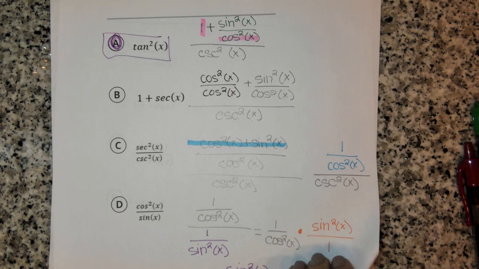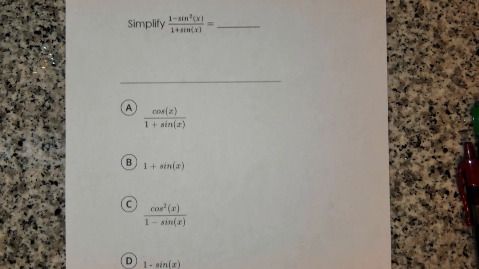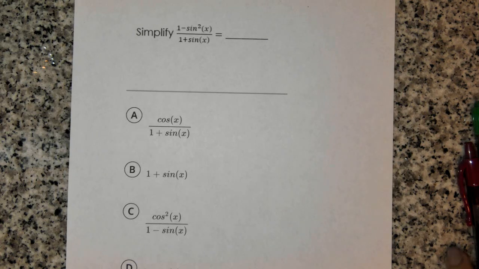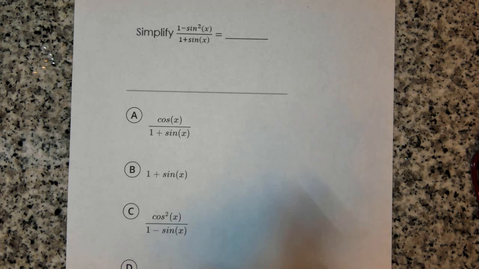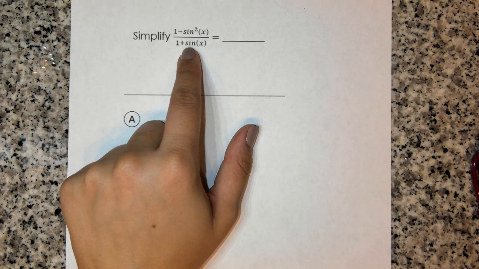Okay, let's take a look at the third question that they ask us. So we have 1 minus sine squared of x divided by 1 plus sine of x. Now, typically, we would just try to substitute in, because we know 1 minus sine squared of x is cosine squared, but that really doesn't do much for us because the bottom part is not being squared.